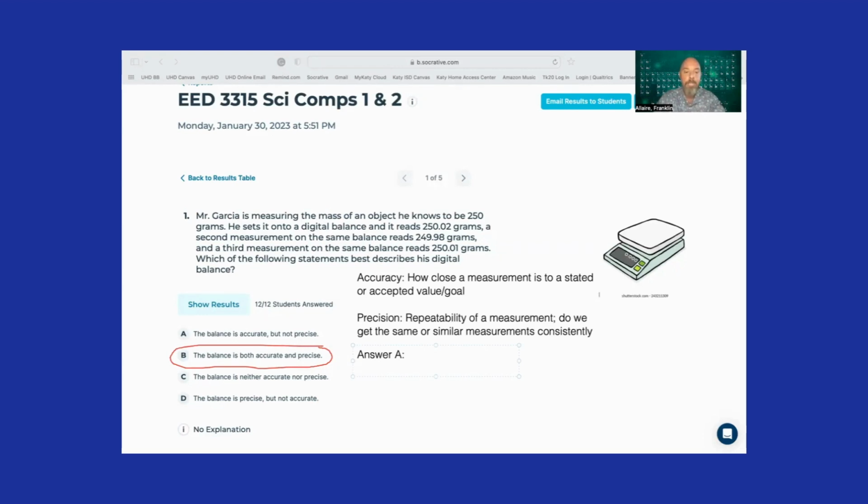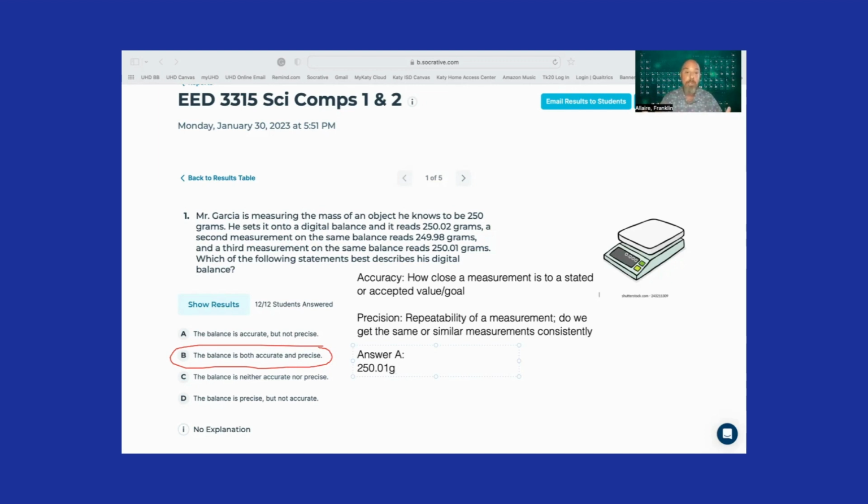Well, again, accuracy is about how close a measurement is to a stated or accepted value. So let's say we measured it but we only measured it once. And so what we have is the fact that it's 250.01.